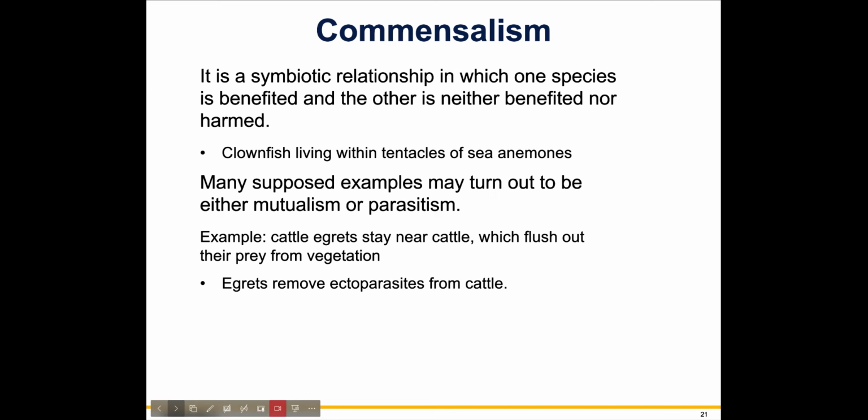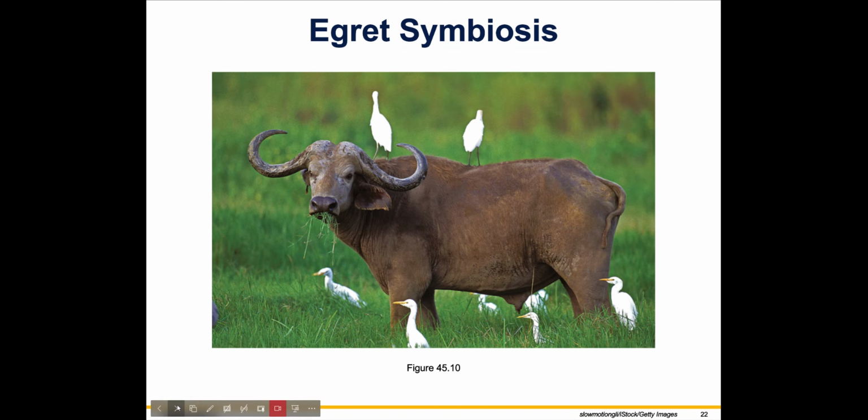So we have to be careful when we look at commensalism that it's not really a mutualism where both are benefiting, or it's not really a parasitism where one's actually being harmed. So here's our example of our cattle egrets by these cattle. They're flushing out insects that they can eat, as well as picking them off of the cattle. So really, both are benefiting when we used to maybe say this was more of a commensalism.